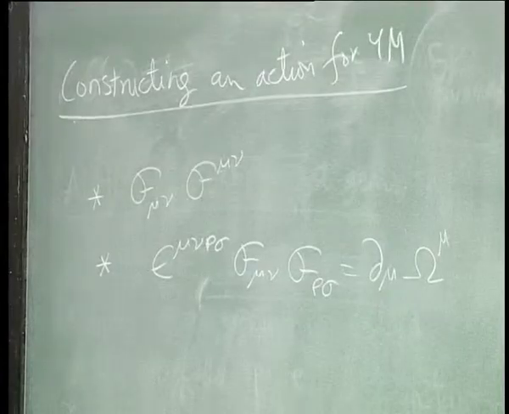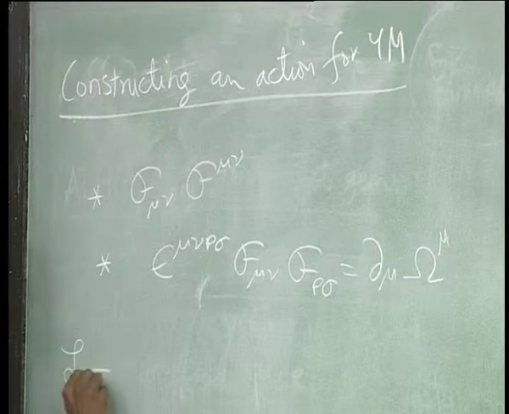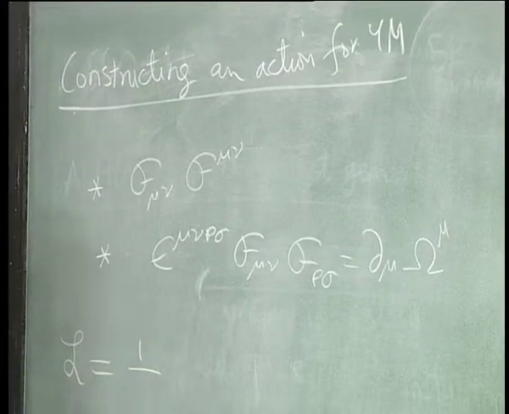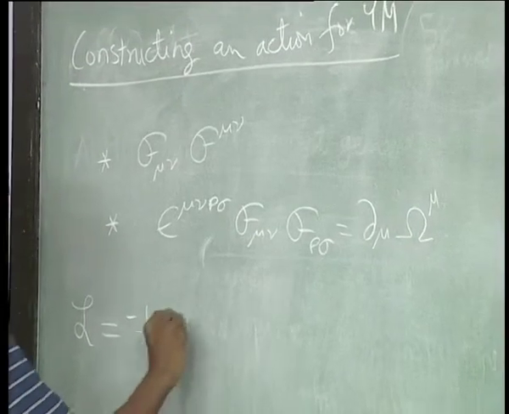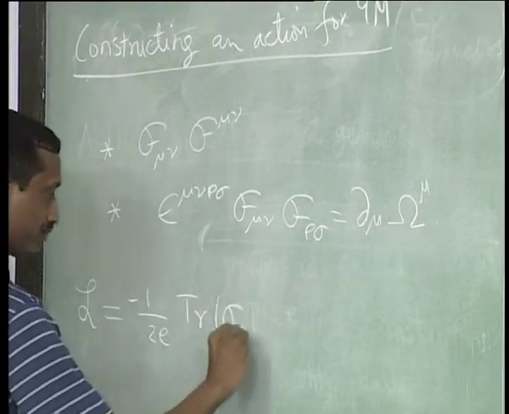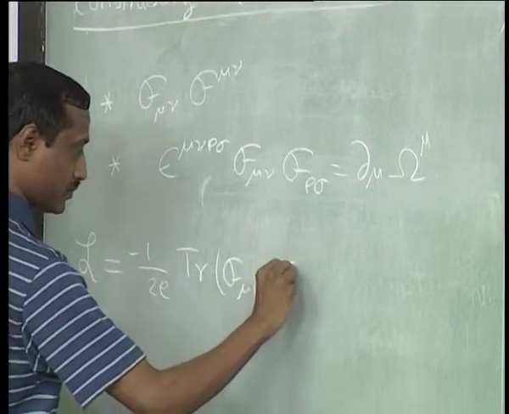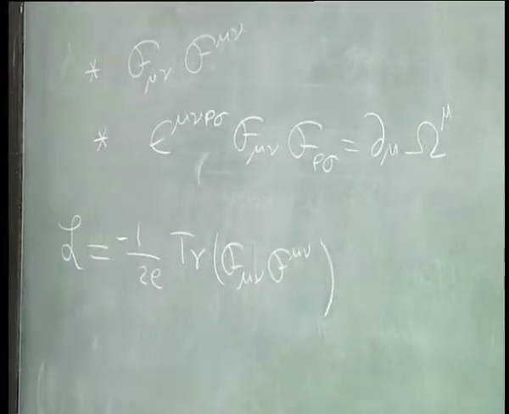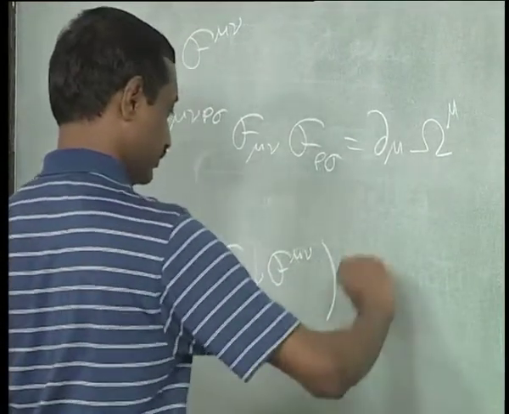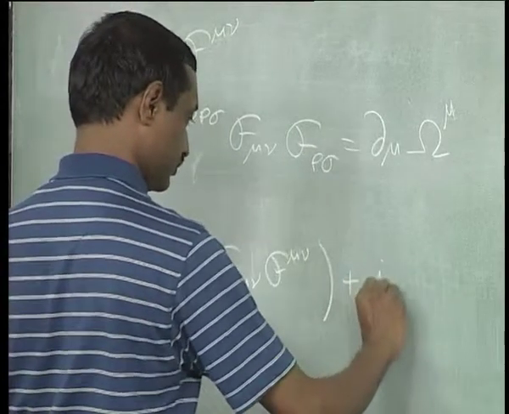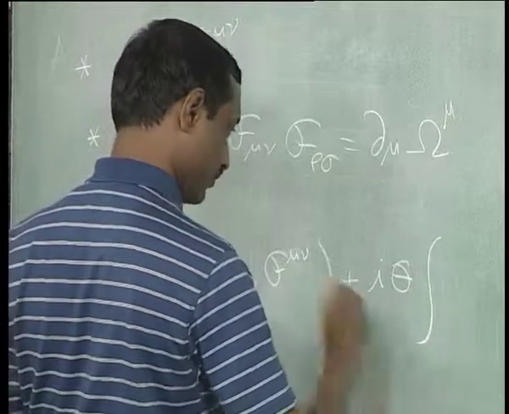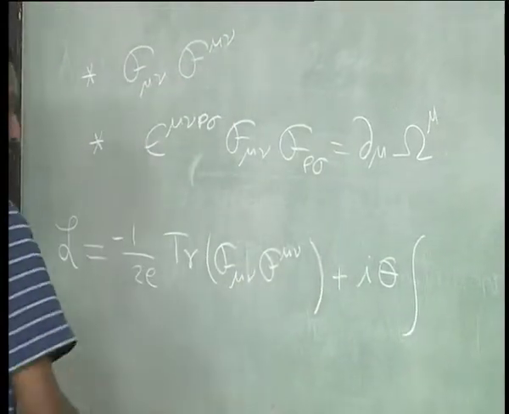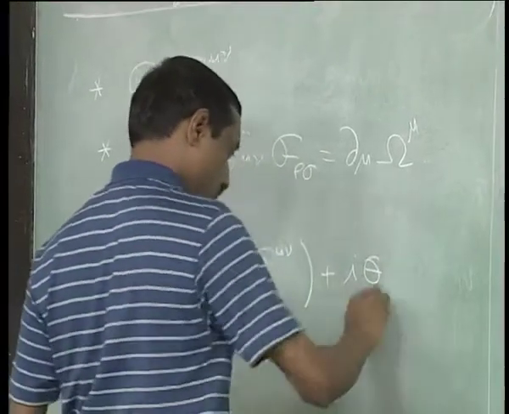a term, and let us say we did something like this. So we choose the Lagrangian will be 1 upon 2 e square, okay, plus I theta times the instanton number, I will put that. So I will just define things.